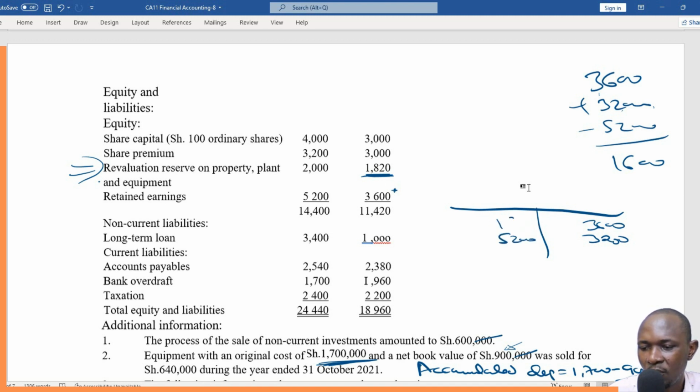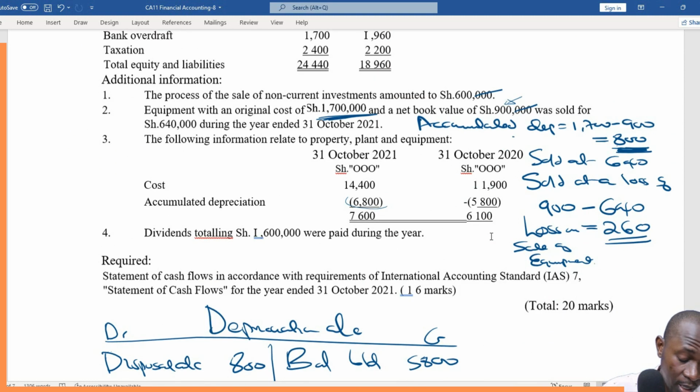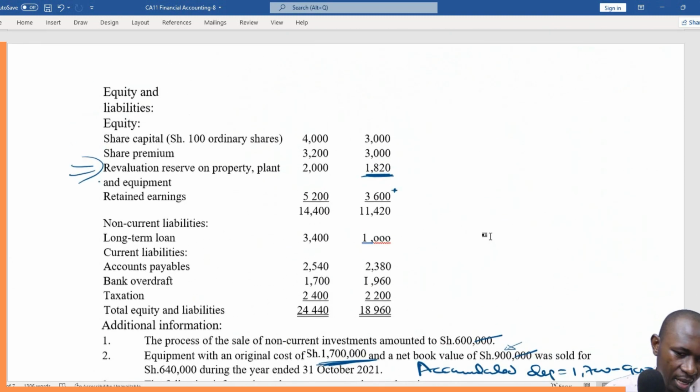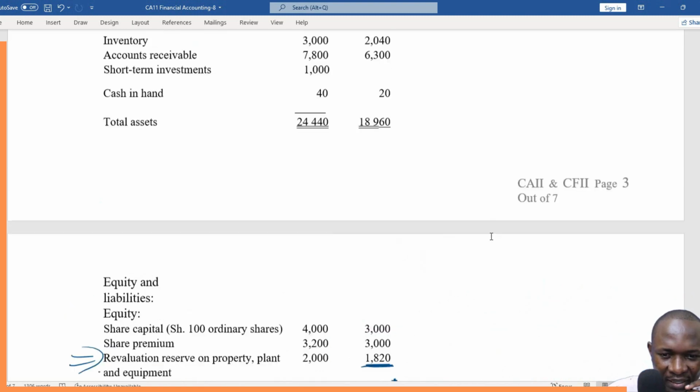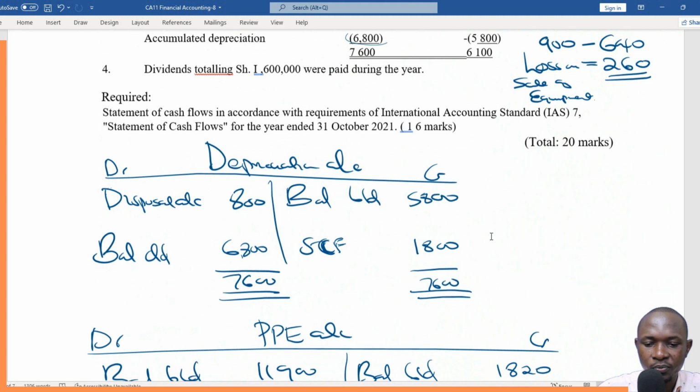So this will give you the 1.6 as dividends. But this is if you will not have been given. But the question has actually given us that figure, so we don't need to go there. I think we are done. We are good to go, unless we find something else that might need attention. So let's go to the question.